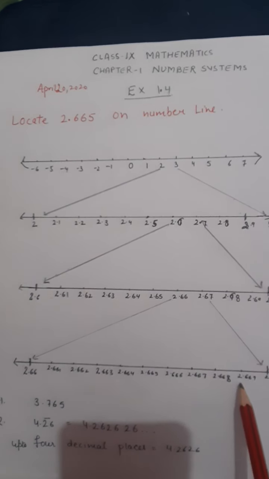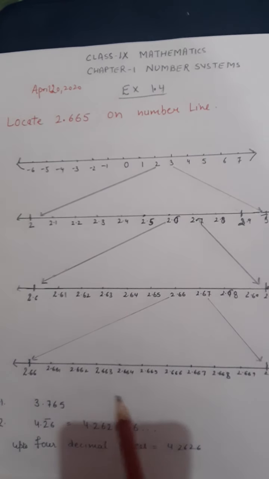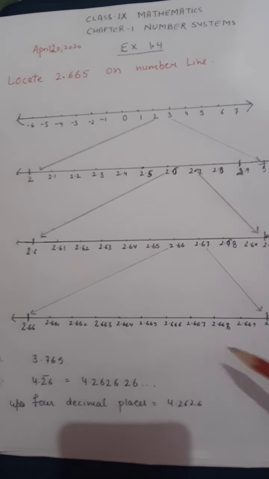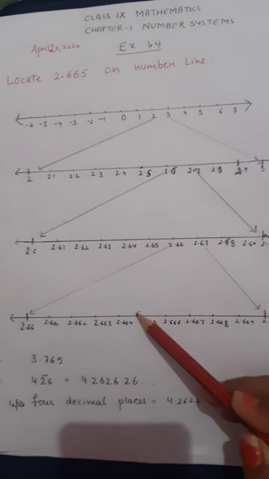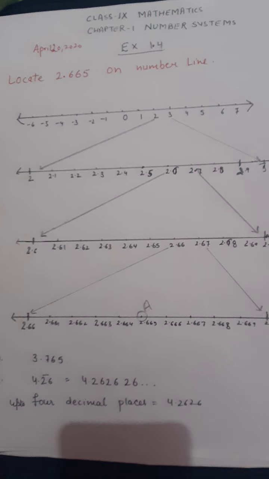Okay, last we are getting 2.669. After that we will be having 2.67 back, right? So where is the location of 2.665 exactly? Just check it out. 2.665 lies this side. Okay, this A represents 2.665 on this number line. Clear?